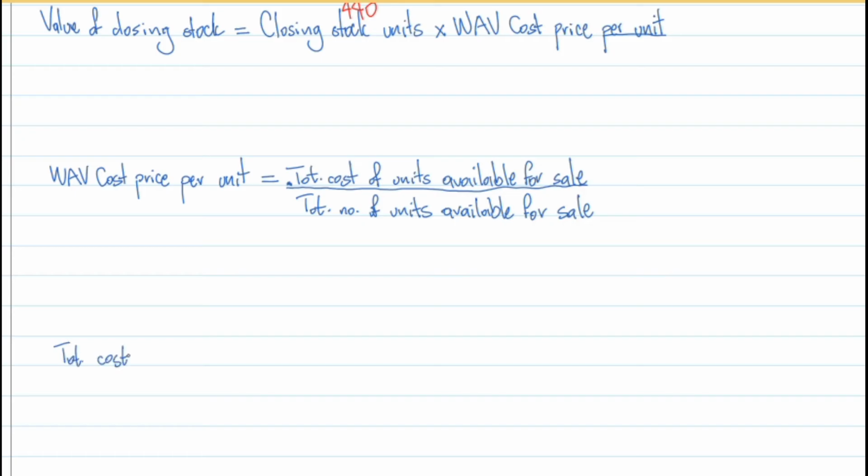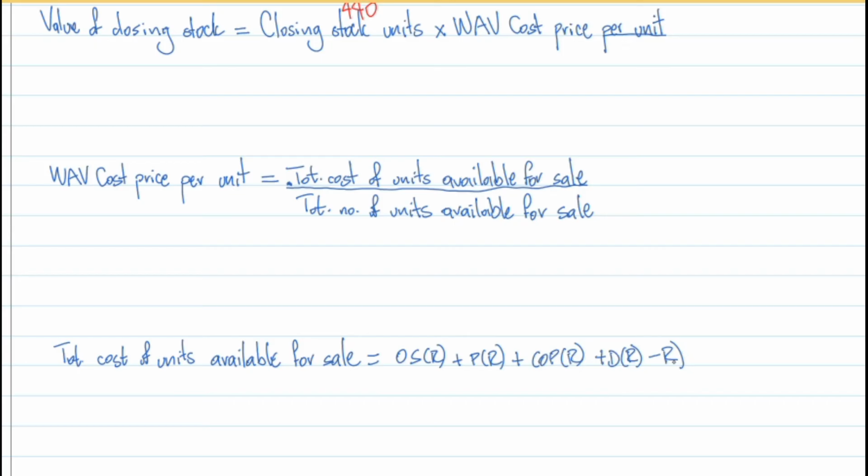This figure is calculated as follows. Total cost of units available for sale is equal to opening stock in rands plus purchases in rands plus carriage on purchases in rands plus duties in rands minus returns in rands. Our opening stock in rands is 189,000 rands. Our purchases in rands are 840,500 rands.